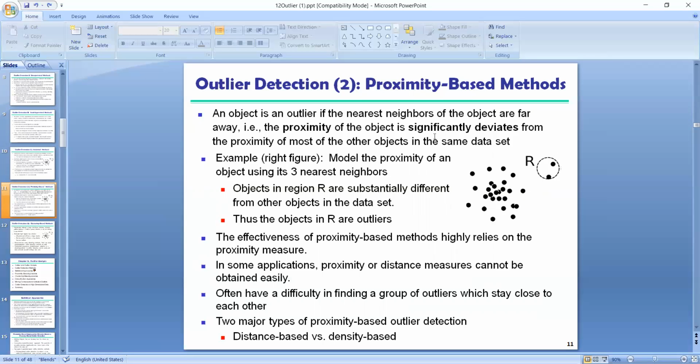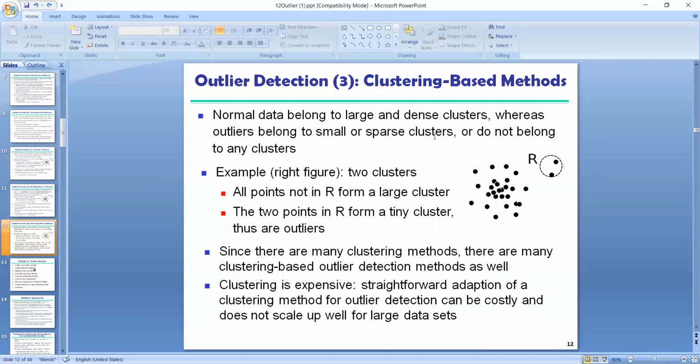The effectiveness of proximity based methods highly relies on the proximity measure. In some applications, proximity or distance measures cannot be obtained easily, and often there is difficulty in finding groups of outliers which stay close to each other. So two major types of proximity based methods are distance based and density based, based on the distance and based on the density.